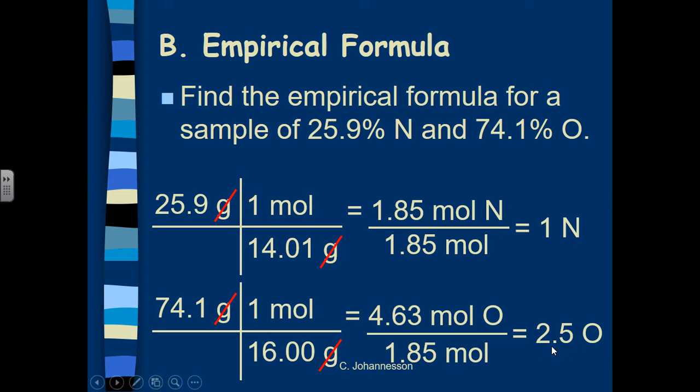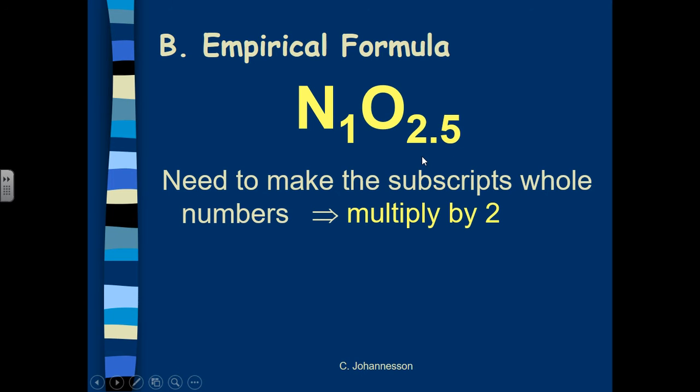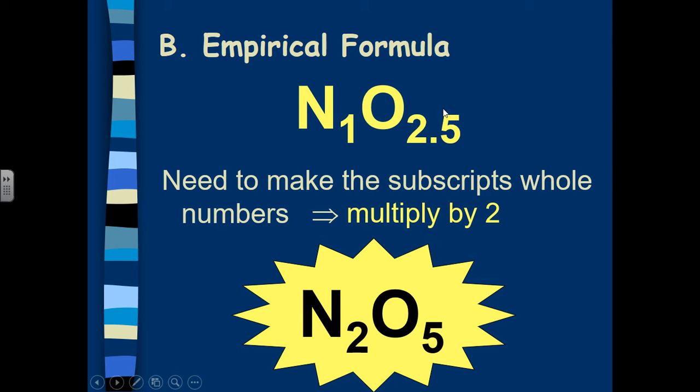Well, if you're dealing with 0.5, like this one, then multiplying by 2 will make it a whole number, okay? So if you multiply one of them by 2, though, you have to multiply them both by 2. So we'll multiply the 2.5 by 2, and it becomes 5. But we also need to multiply the 1 by 2 as well. So if you have to multiply to fix these decimals, multiply all of them. And those whole numbers that you're finding are the subscripts in the formula. So that's why you would have N2O5.